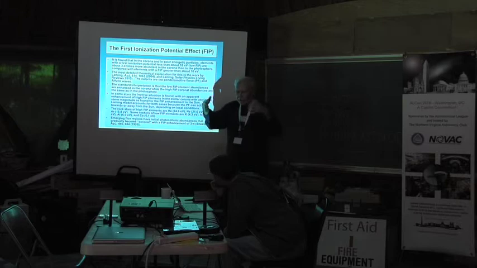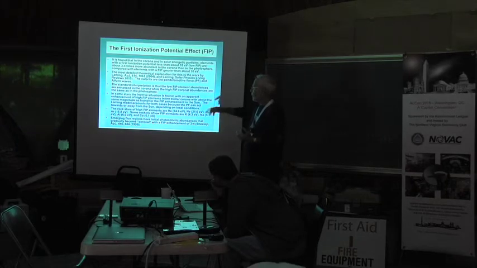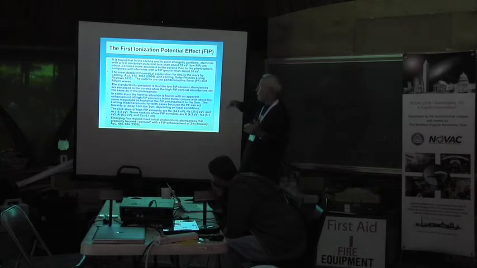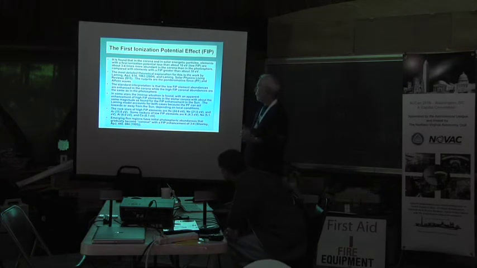That's something that can get updated and updated as you go. It's been published. So the standard interpretation is that the low FIP element abundances are enhanced in the corona, FIP being first ionization potential, while high FIP coronal abundances are the same as in the photosphere.